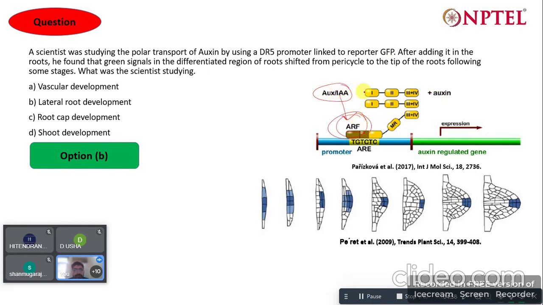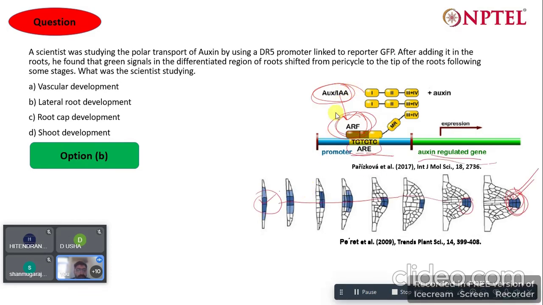And when auxin is there, it is used to study the different regions as an inducible system. Okay, any doubts? Or shall I explain again how this DR5 promoter functions?